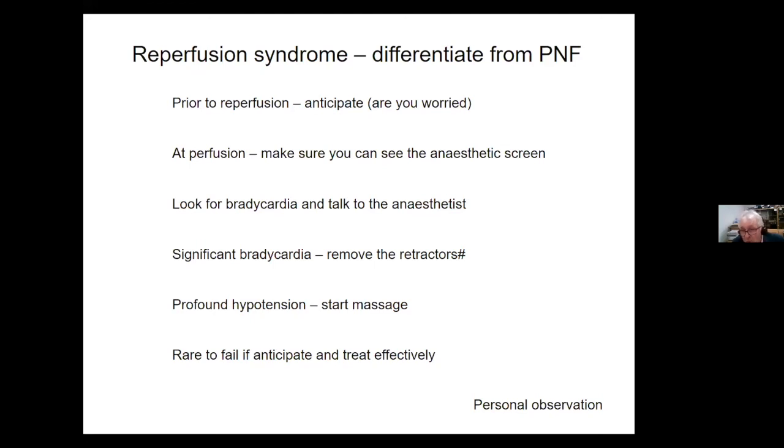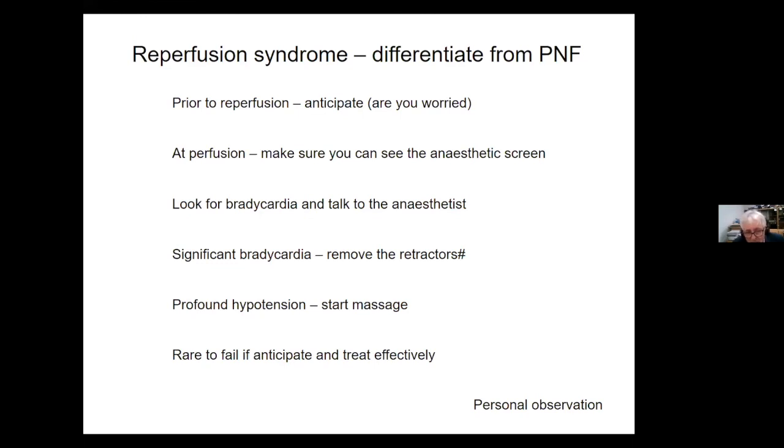Reperfusion of the liver, always make sure as a surgeon you can see the anesthetic screen. Look for bradycardia. Often it's bradycardia that's the first sign that things aren't well with the graft. Start removing the retractors and get ready for massage.